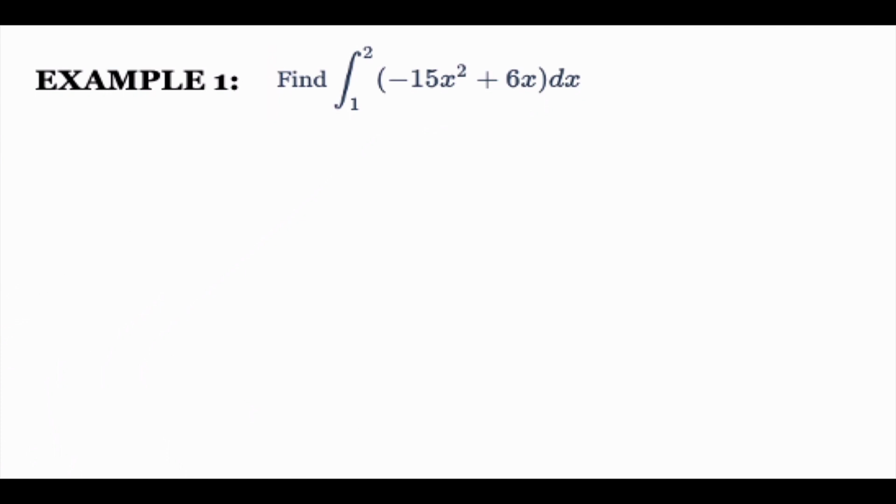Okay? So the first step, find the antiderivative of this. How do I find the antiderivative of negative 15x squared plus 6x?